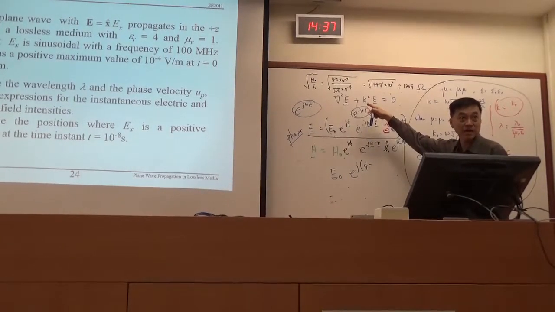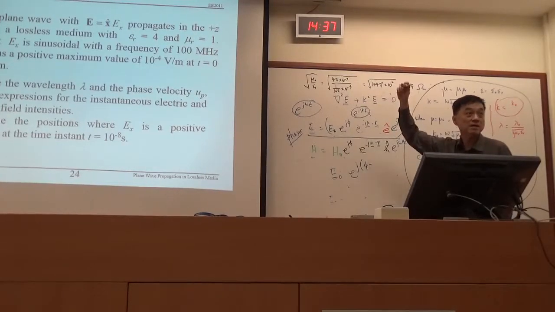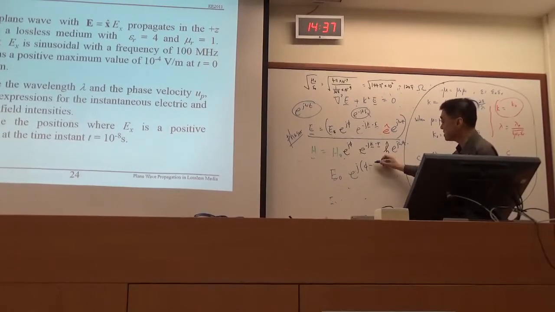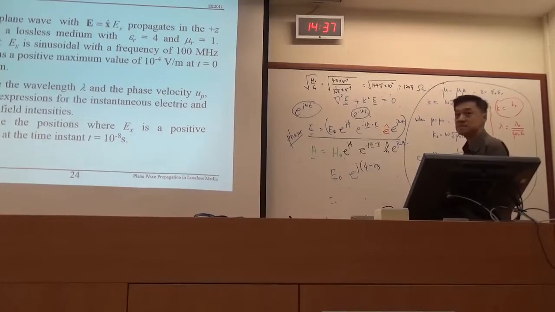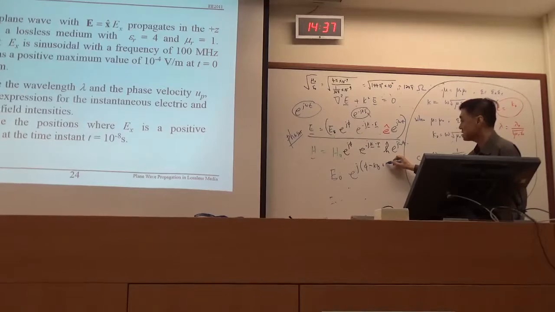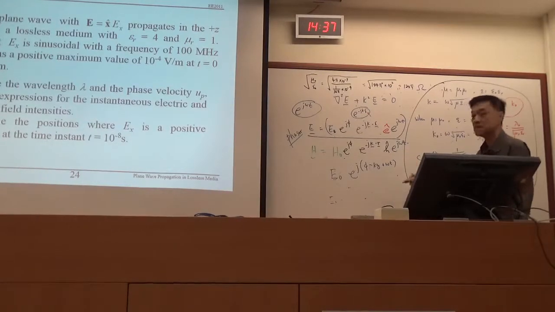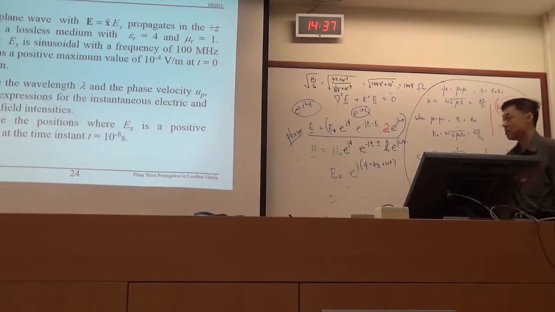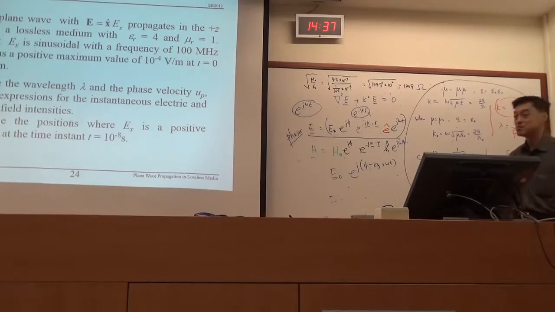Okay, is that alright? So it's minus k z plus omega t.